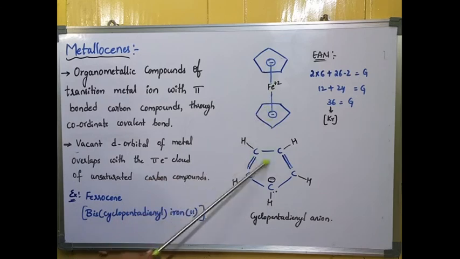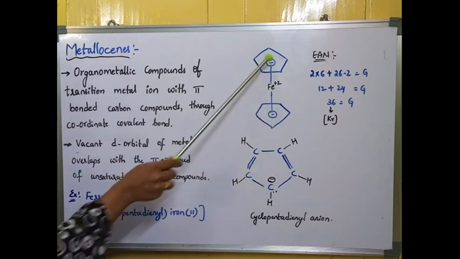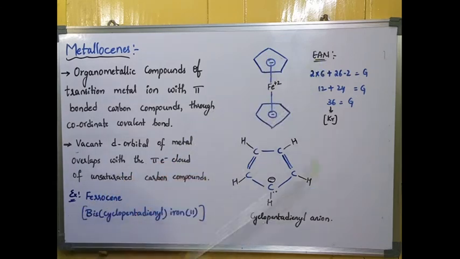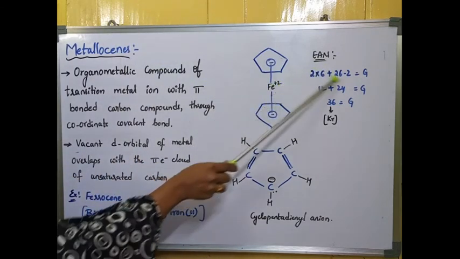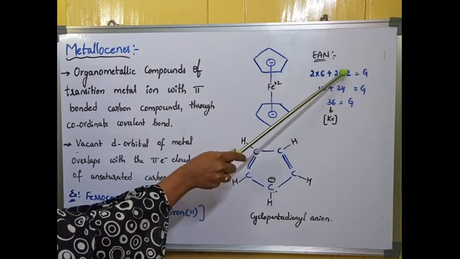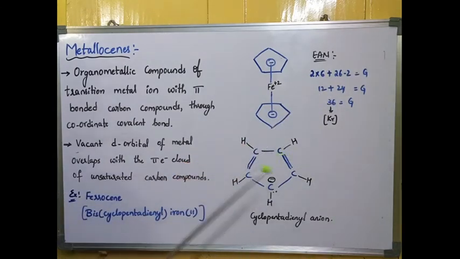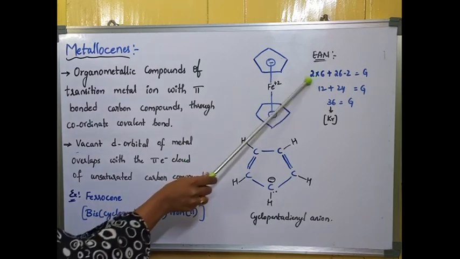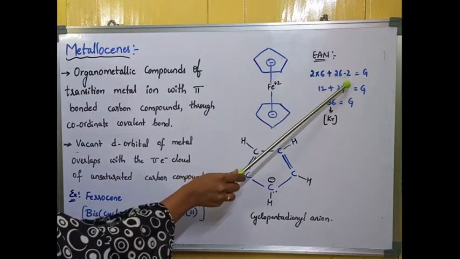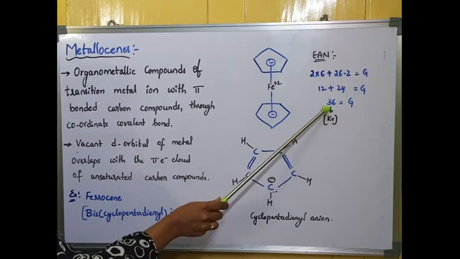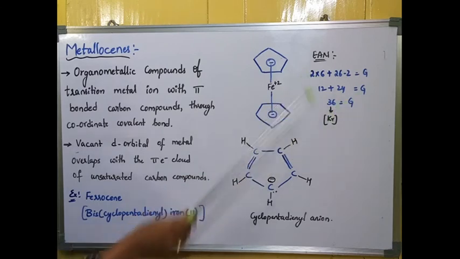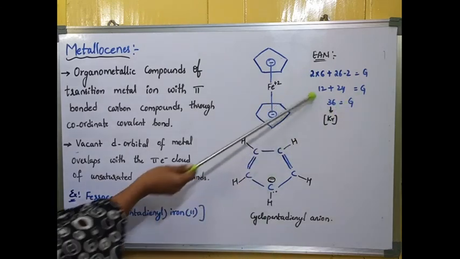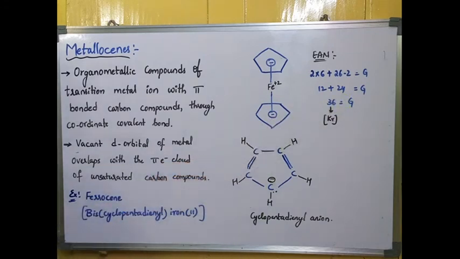Each ring donates 6 electrons, and 2 rings are present, so 2 into 6, plus 26, the atomic number of iron, minus 2, the oxidation state. 2 into 6 is 12, 26 minus 2 is 24, so 12 plus 24 equals 36, which is the krypton electronic configuration. So it obeys the EAN rule and is a stable structure. This is about metallocenes with the ferrocene example.